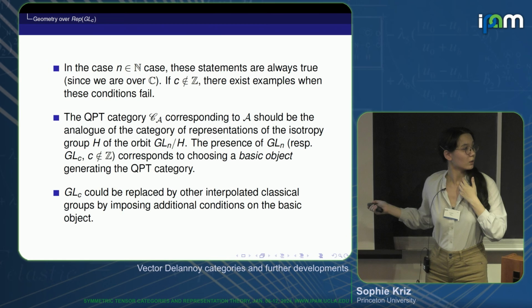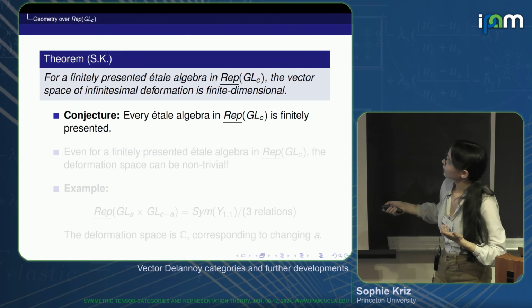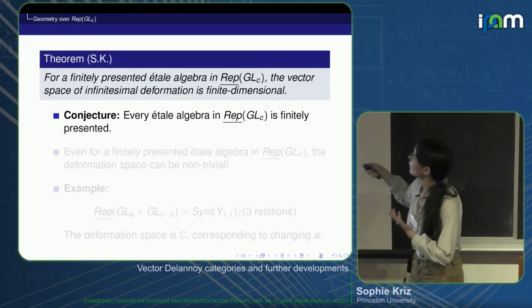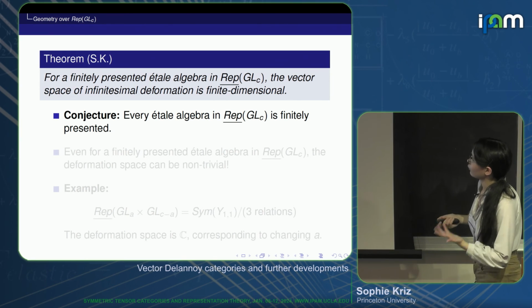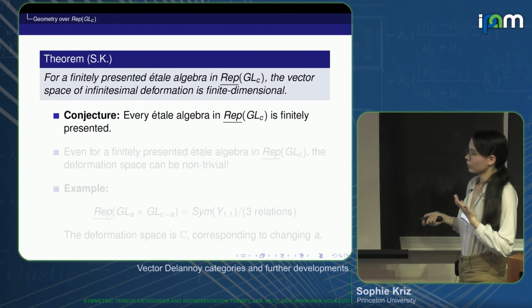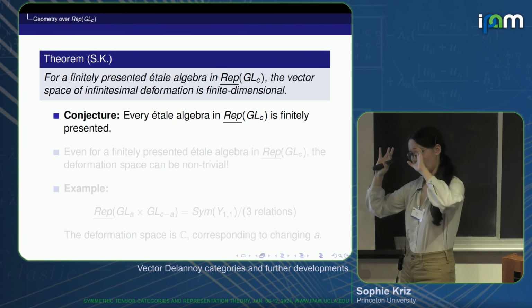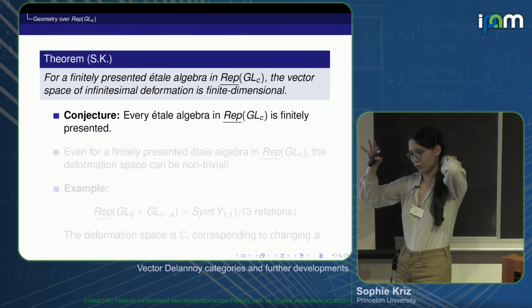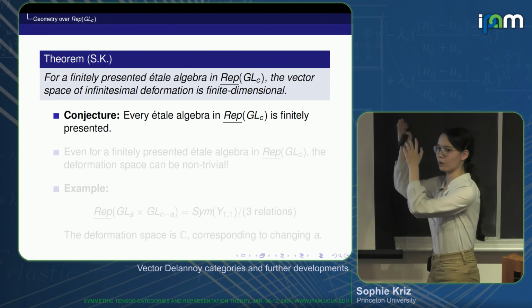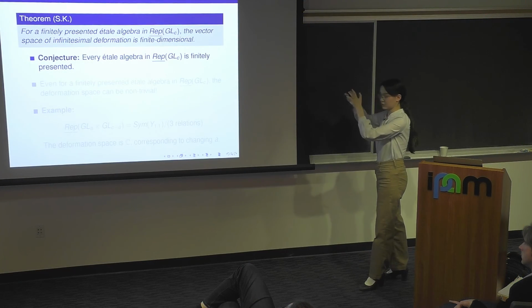Oh, and I'm out of time, but I just want to mention that for a finitely presented étale algebra in Rep GL_t, one thing we can prove is that the vector space of infinitesimal deformations is finite dimensional. By finitely presented, I mean that if A is Sym of G over some I, then this set of generators G is finite.